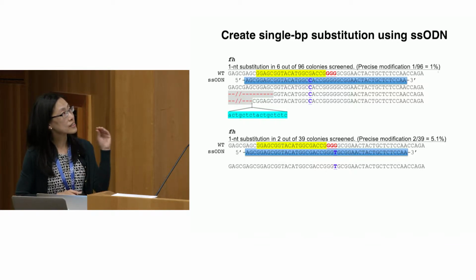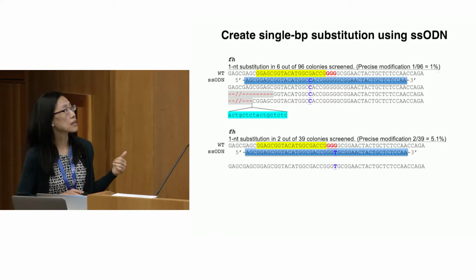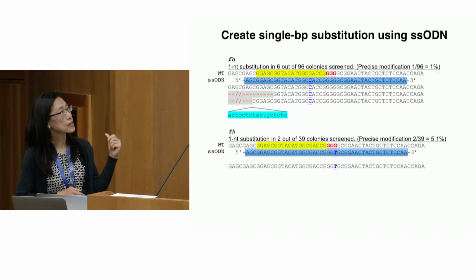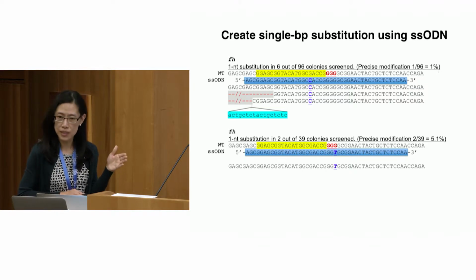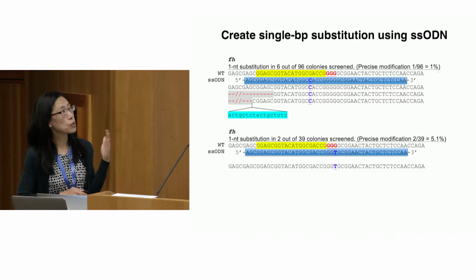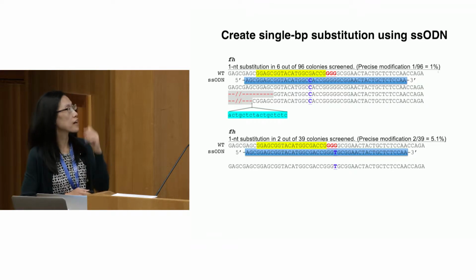However, there's also another difference when comparing the fish model to human cells: sometimes in the integrated alleles, you actually do find erroneous, mutated sequences near the edge of the oligos. This is not seen often in human cells, I don't think, but this is quite frequently seen in fish, so you may need to screen a few more fish in order to find the one that has the precise mutation.